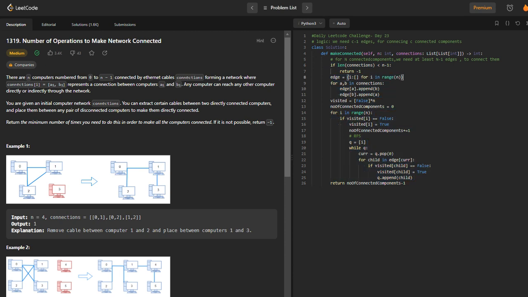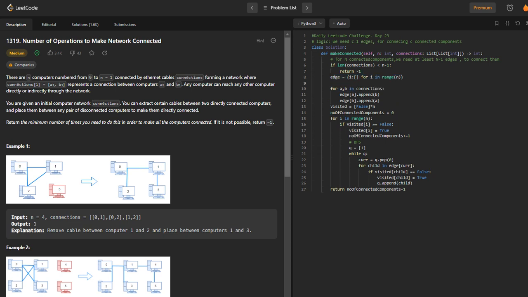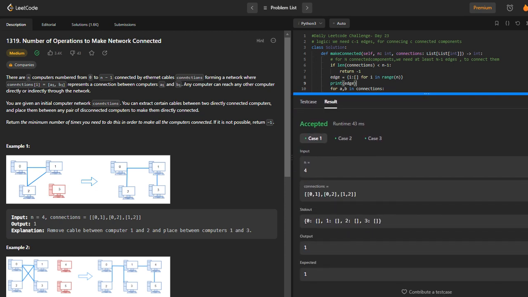Okay, what I'm doing is I am taking an edge array and initializing it. I will just print and show you how it works. Yeah, let me print and show you. So this is how it will look.